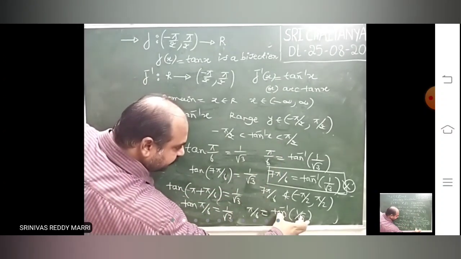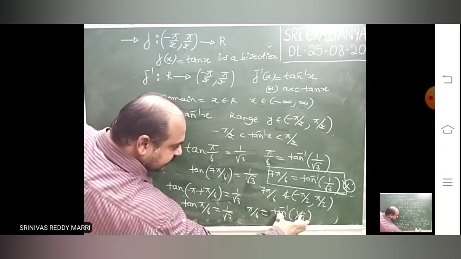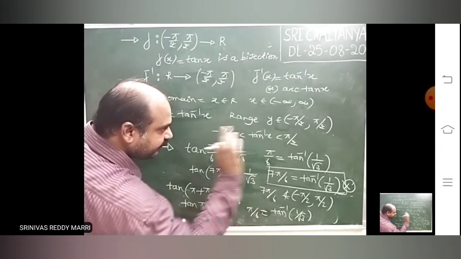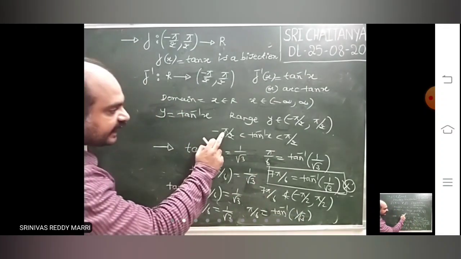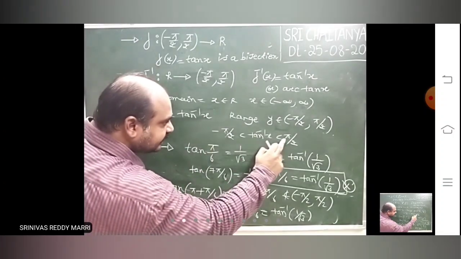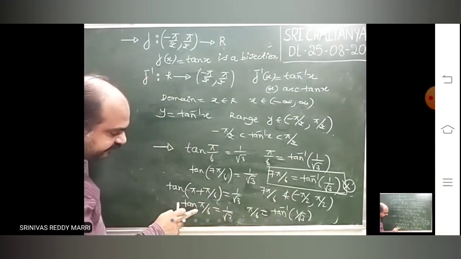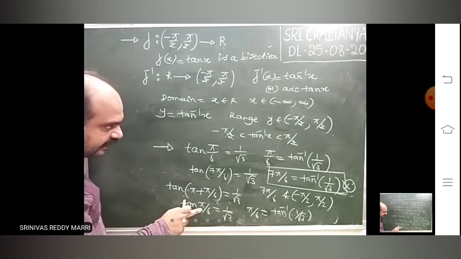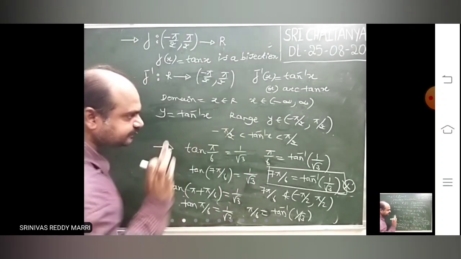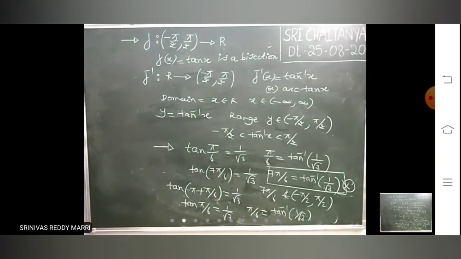Whenever you write a tan inverse value, it must be between minus pi by 2 to pi by 2. If you get a value other than in this interval, then that is wrong. Modify this angle such that it always lies between minus pi by 2 to pi by 2. So this is tan inverse x.